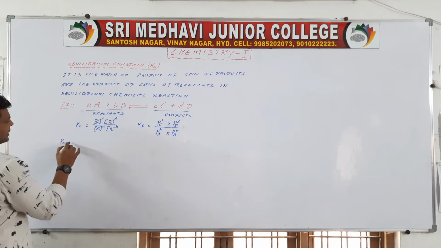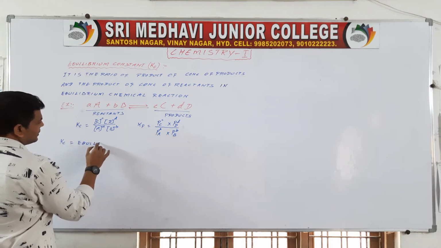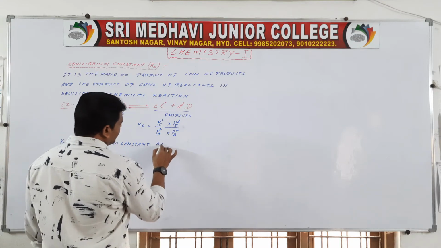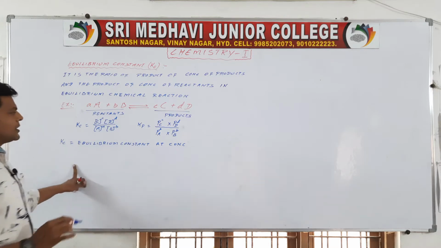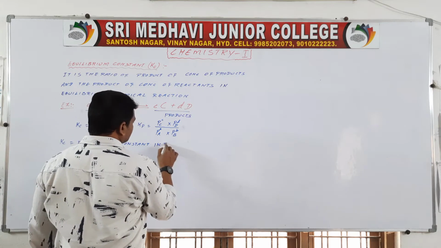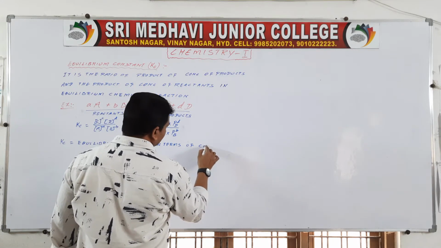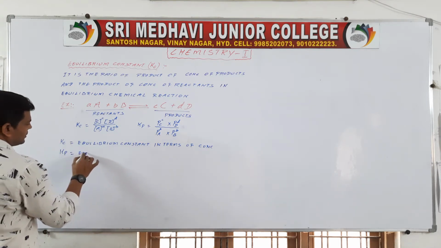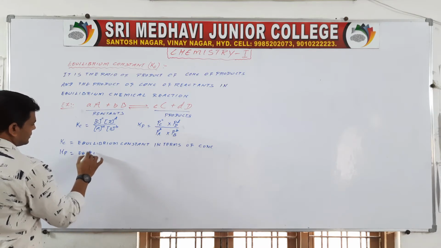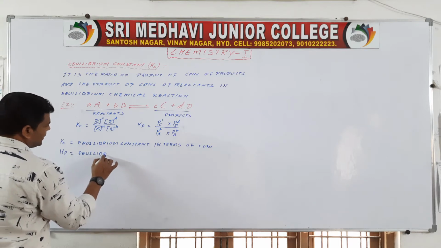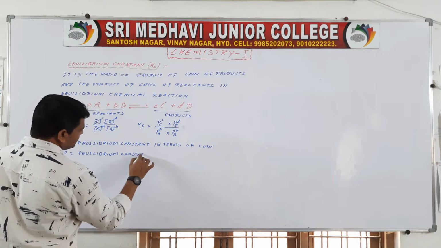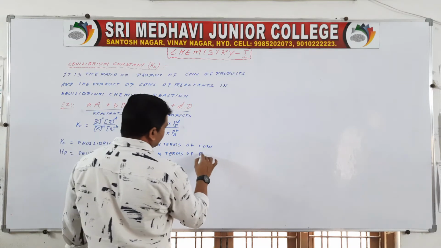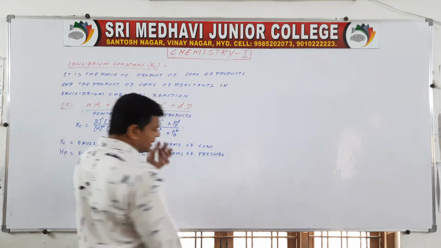So here Kc equals the equilibrium constant in terms of concentration, and Kp equals the equilibrium constant in terms of pressure.